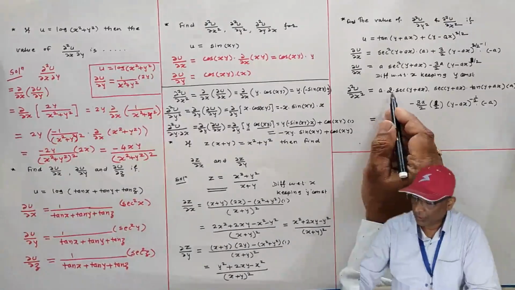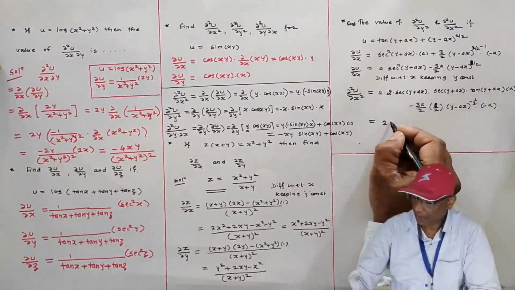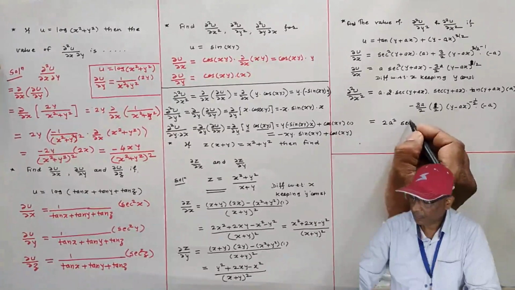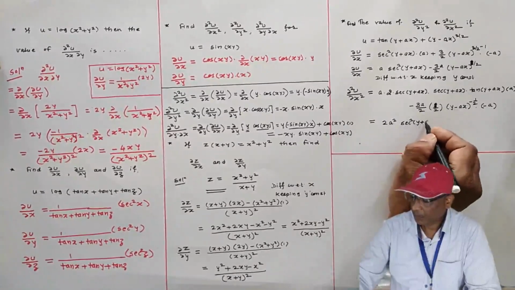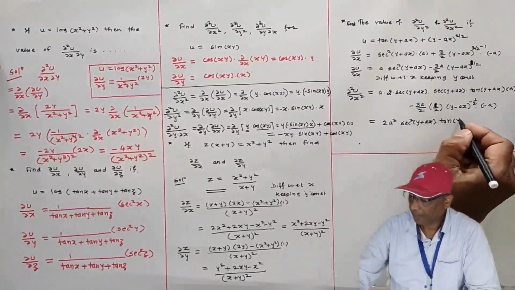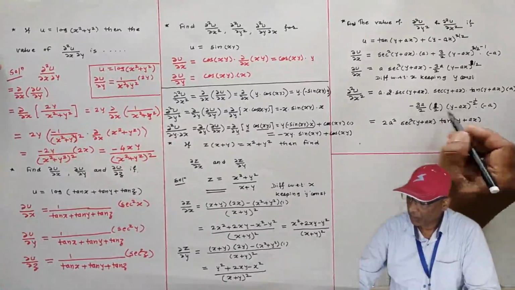See, 2a into a is 2a square. Sec into sec is sec square, tan is as it is. Here, what?